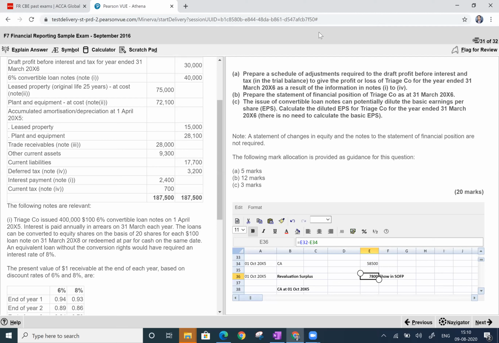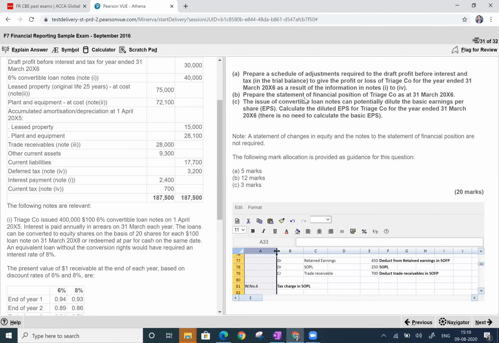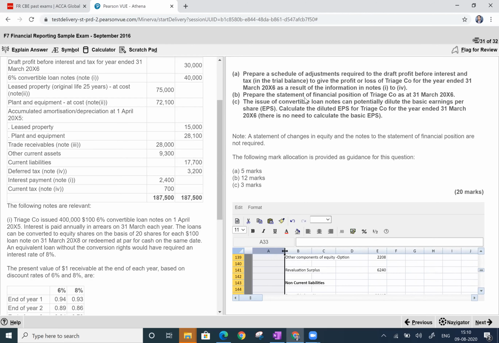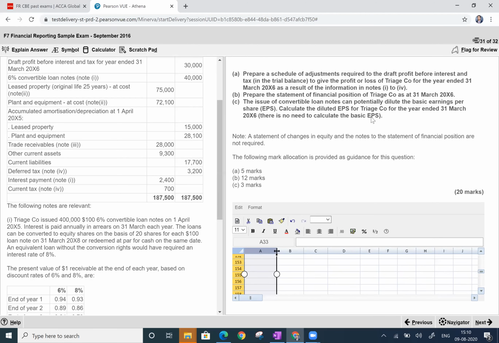You have to take 7,800, that is a revaluation surplus, plus 12,000, you will get 19,800. Total difference is 19,800 into 20%, 3,960. Clear? So please don't commit that mistake. So those who are still confused, please go to your accounting standard 12 notes. This is why I told you yesterday itself to practice those questions.